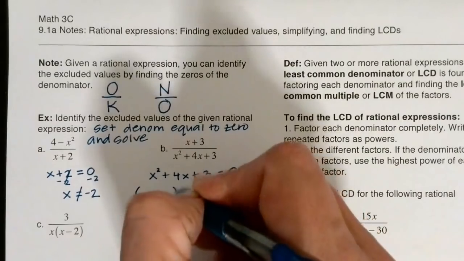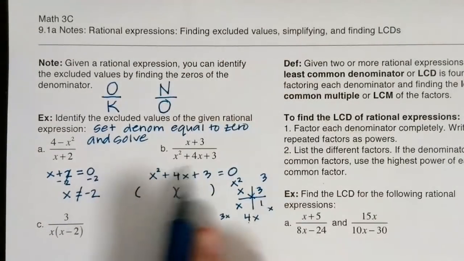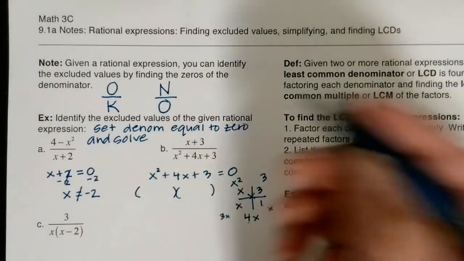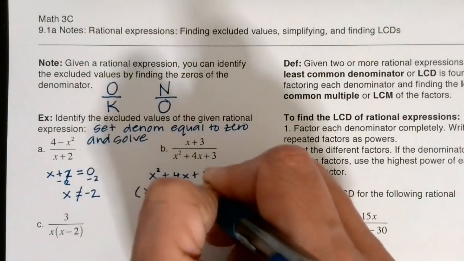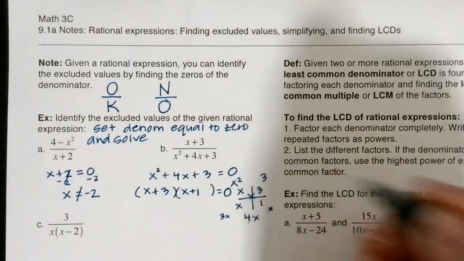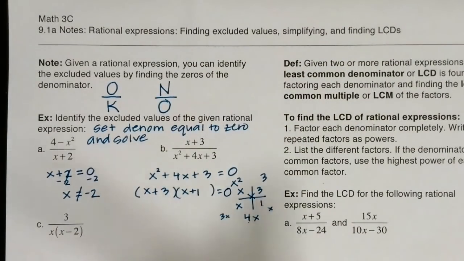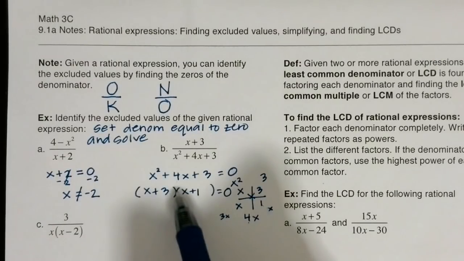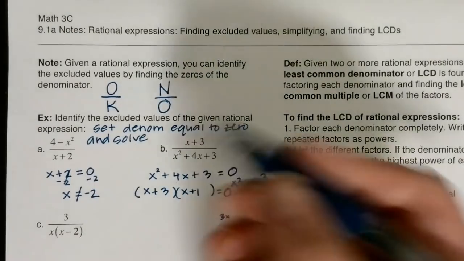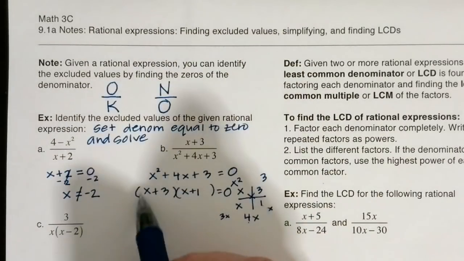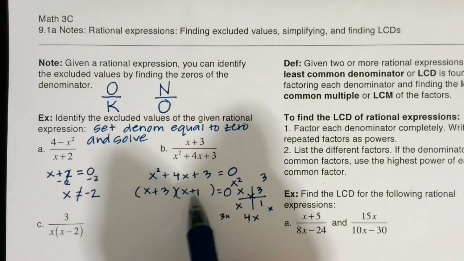So instead of writing this in standard form, or expanded form, I'm going to write this in factored form. In math, a factor means you're using multiplication. So here's where the multiplication is happening, right there between the 2 parentheses. So now we're going to set each factor equal to 0 and see what we get. What value of x is going to make this 0? 0 times anything equals 0.